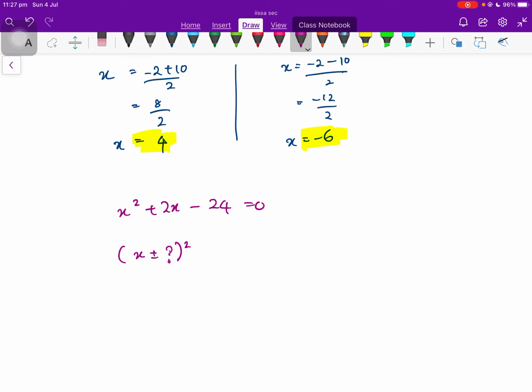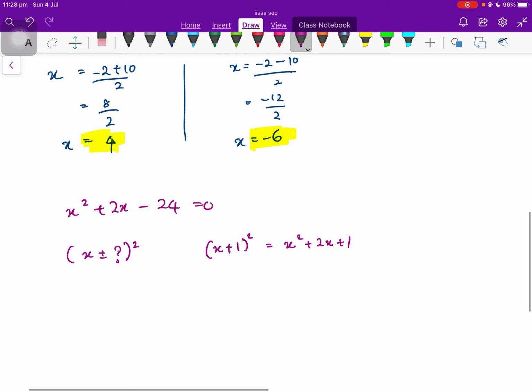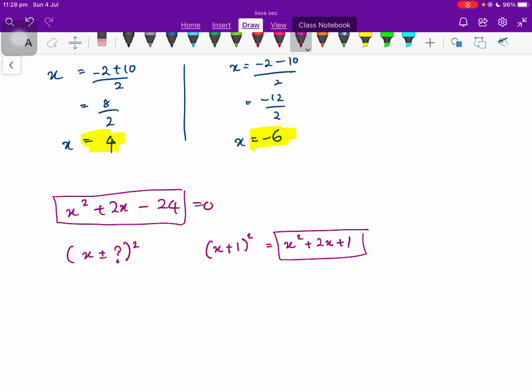For this instance, we can see that x plus 1, squared, is x squared plus 2x plus 1. Now for this to become our equation, we need to minus 25, correct?